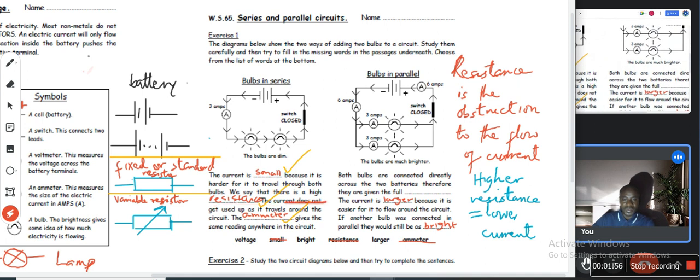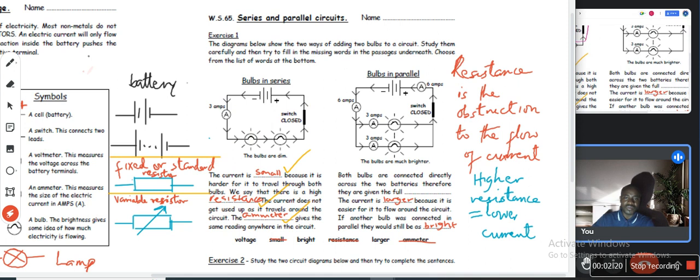And the current does not get used up. As it travels around the circuit, the ammeter gives the same reading everywhere in the circuit. So in a series circuit, current is the same everywhere. Everywhere in series has the same current. The reason is it is the same current that flows through all the components in series.